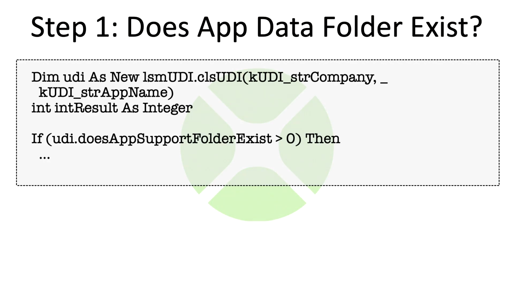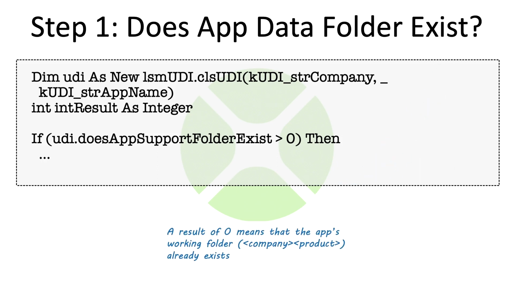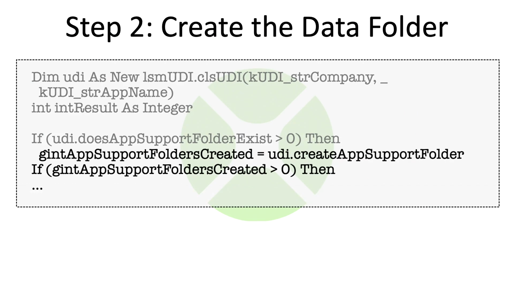Okay, so this is what you do to find out if the app data exists on the user system. It's simple. At the top, you're constructing the app data instance, and then you do an if statement. Does the app support folder exist? Yes or no? And then you have whatever code is down below. A result of 0 means the app working folder already exists. You shouldn't have to do anything.